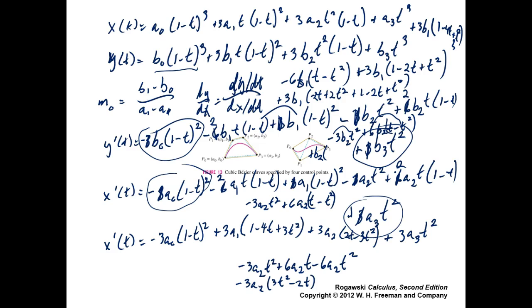And I think that leaves us with, and we'll divide them out too, a minus a0 times 1 minus t squared plus a1 times 1 minus 4t plus 3t squared plus a2 times 2t minus 3t squared plus a3t squared.